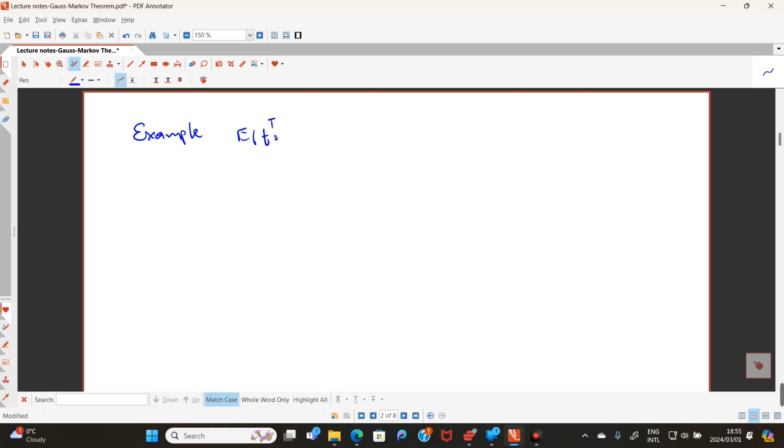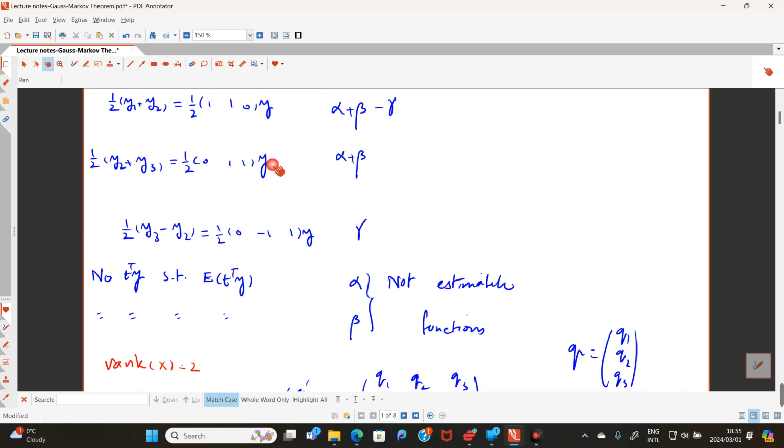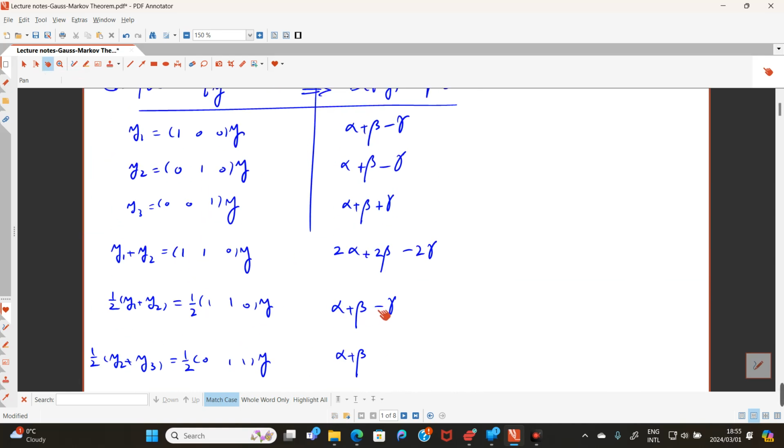So we have the expected value of t prime y equal to q prime b, and we're going to consider the case where q1 is equal to q2. For instance, consider the linear estimable function alpha plus beta minus gamma. We had it as a linear estimable function.